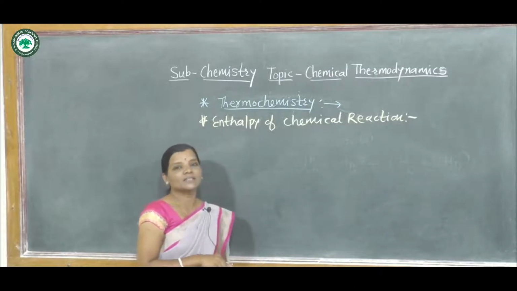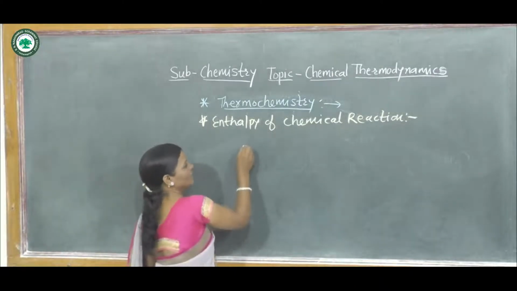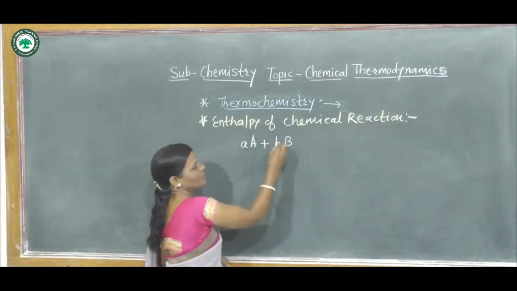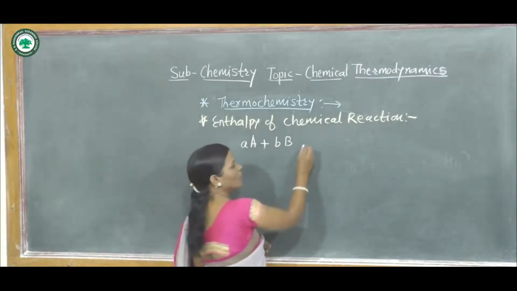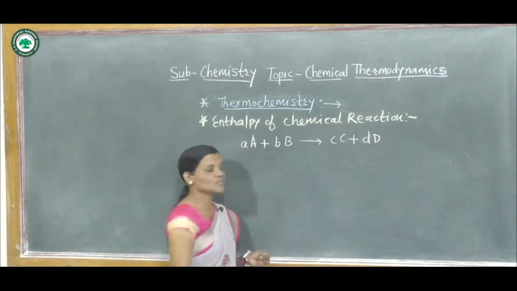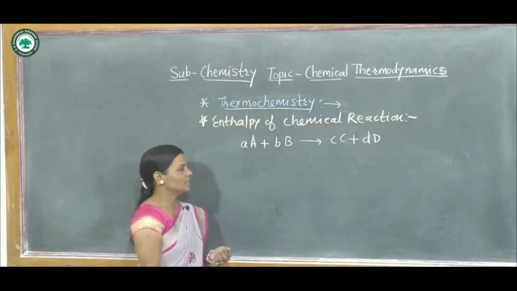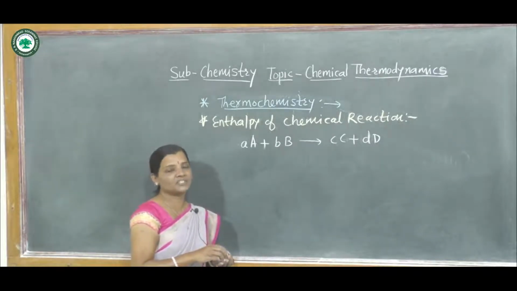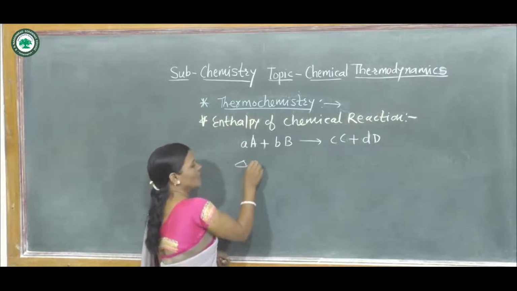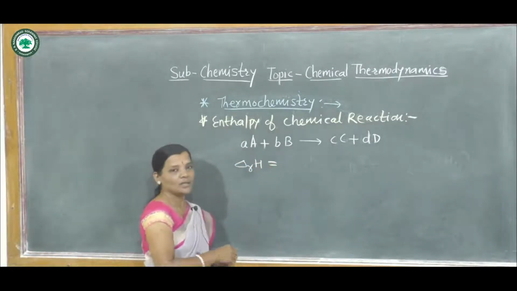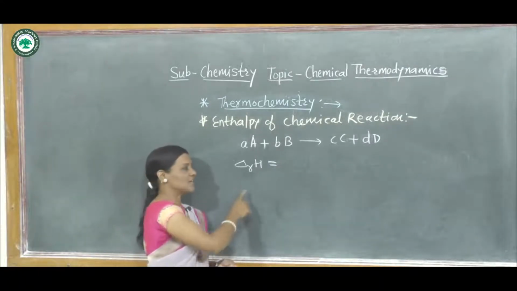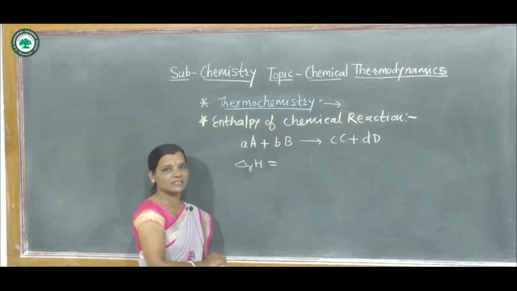For that, consider a general chemical equation: a moles of A combines with b moles of B to form c moles of C plus d moles of D. Then the enthalpy change for this chemical equation is given by ΔrH, where this ΔH means enthalpy change for the reaction, and so the suffix r is taken.